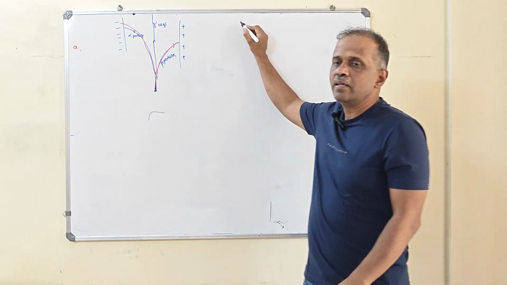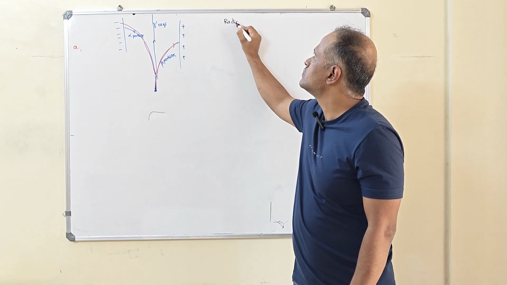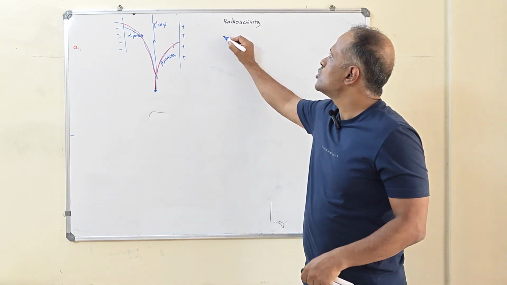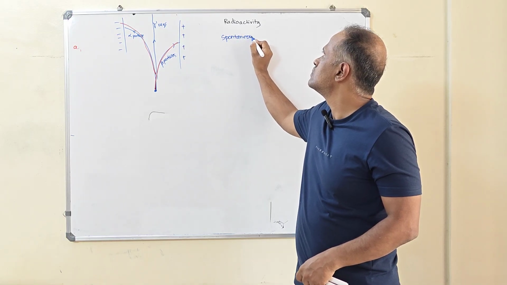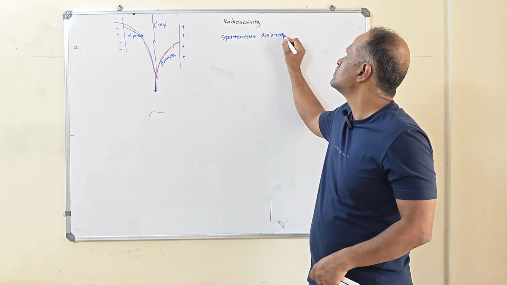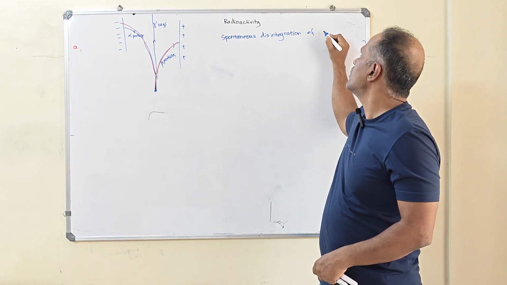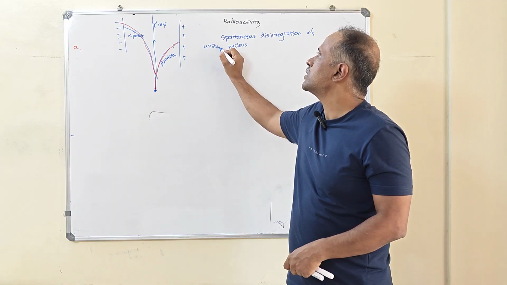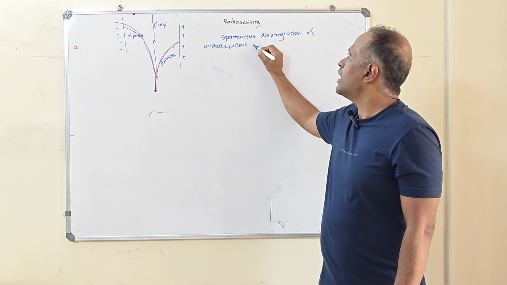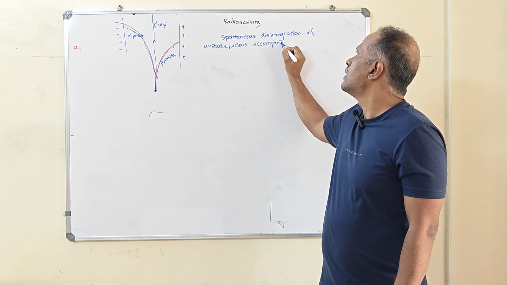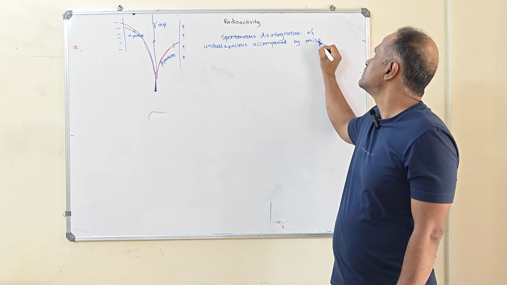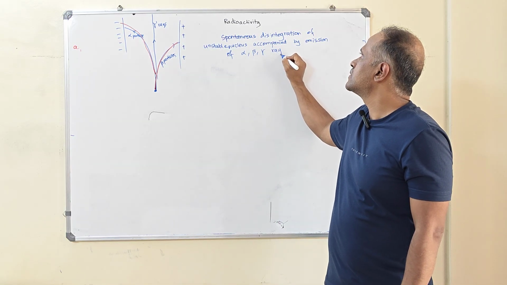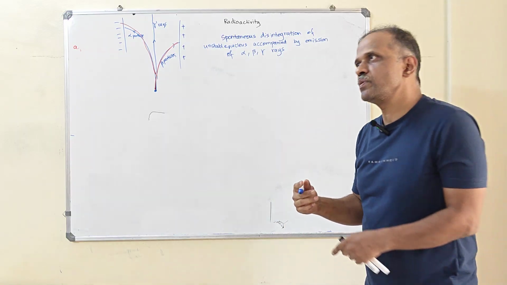Now, just to sum it up, what is radioactivity? Radioactivity is the spontaneous disintegration of an unstable nucleus, accompanied by emission of alpha, beta and gamma rays, and it is converted into another atom.